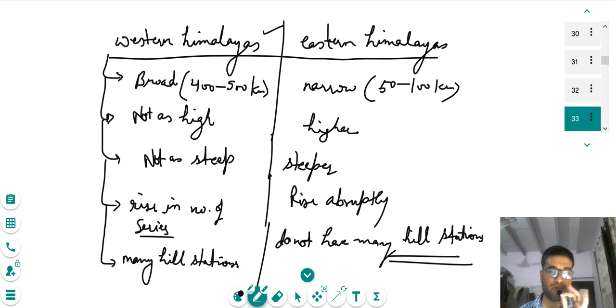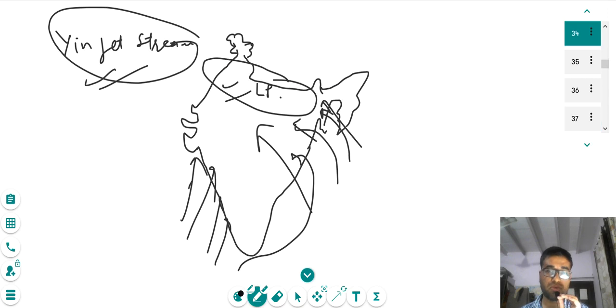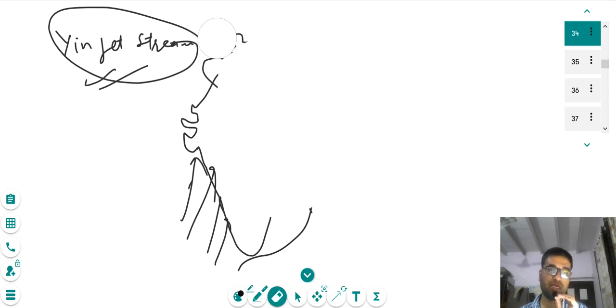Okay, so we have done the properties of all the Himalayas, Great, Middle, and Lesser Himalayas and the Shivaliks, and the differentiation between the Western Himalayas and Eastern Himalayas physiographically. Now moving on to the next concept, that is the formation of the Himalayas, right?